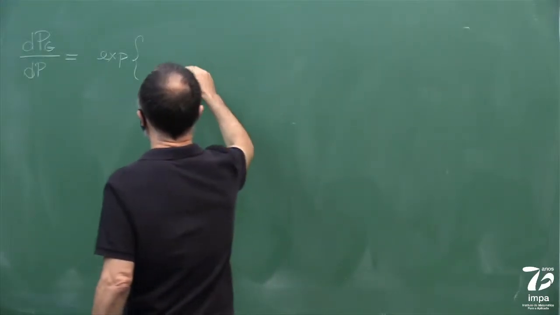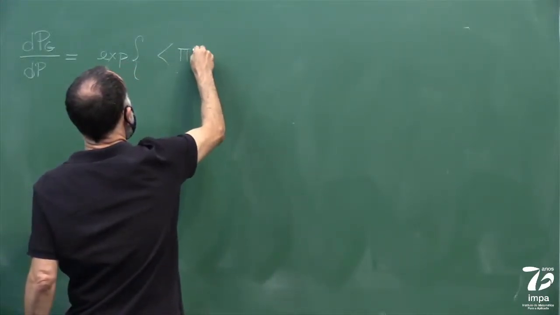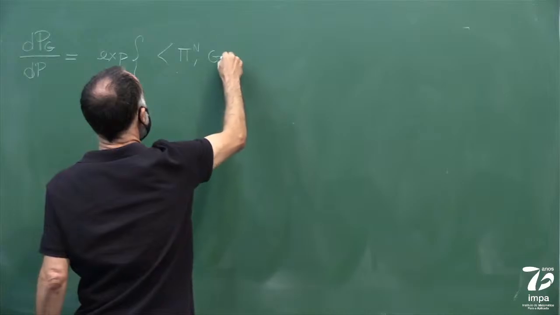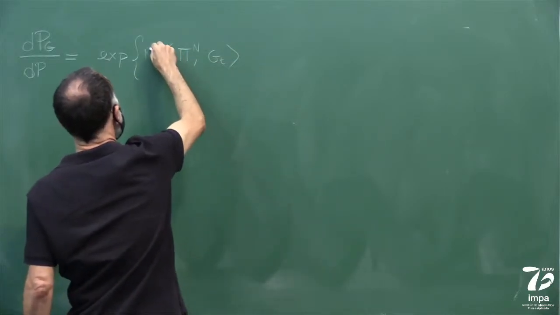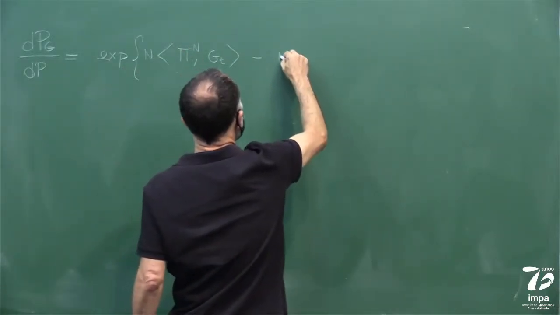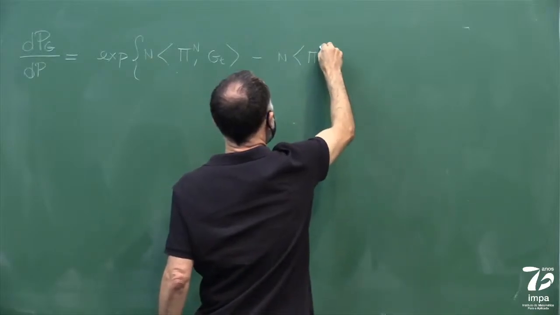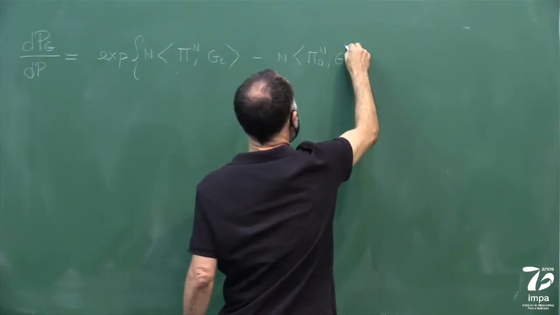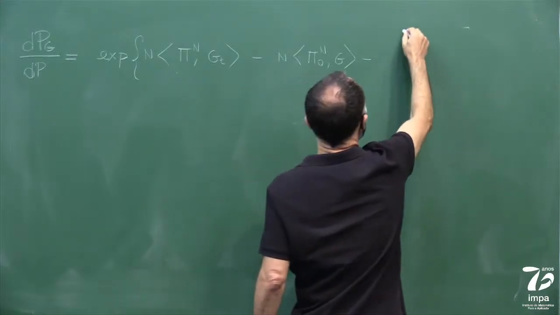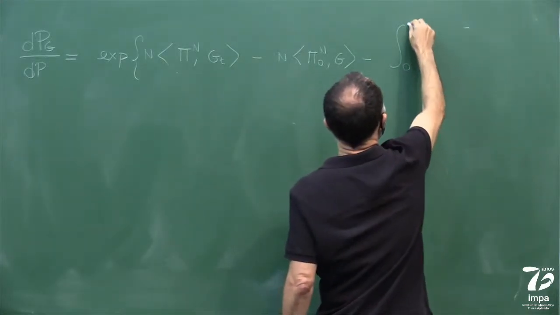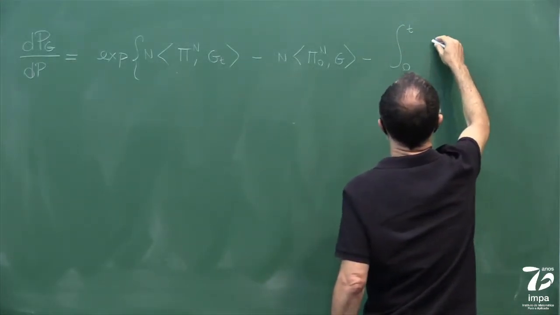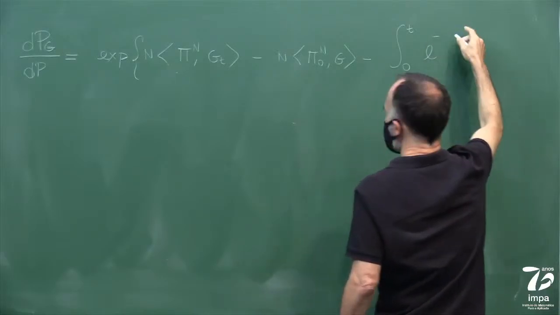So it was pi n g t times n minus the same thing at 0, times minus, here I had this exponential, and so on.